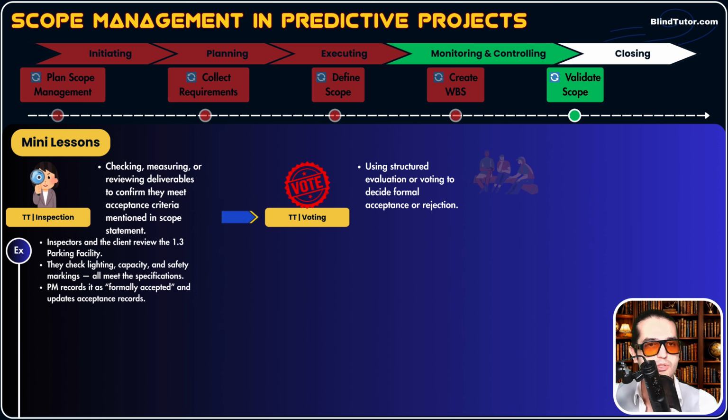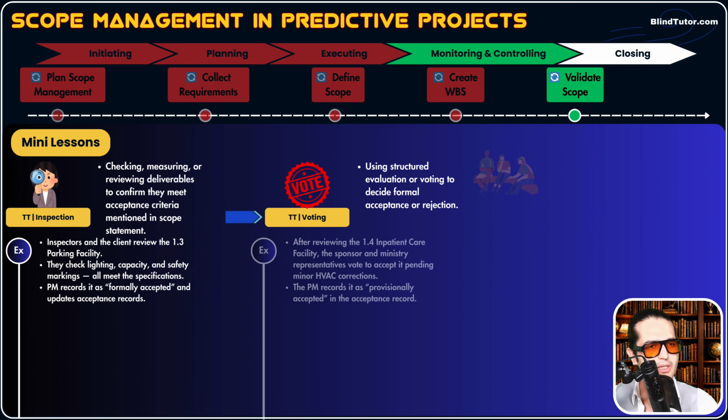So if 49% of stakeholders say, no, let's reject this deliverable, but 51% say, no, let's accept it, this deliverable is considered as accepted. Why? Because it is mentioned in the scope management plan that majority is enough. We don't need unanimity, for example. This is how voting helps us as a tool and technique in the validate scope process.